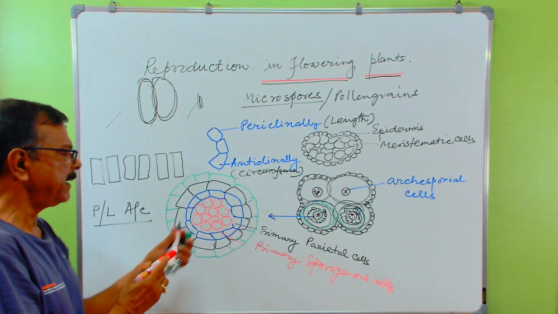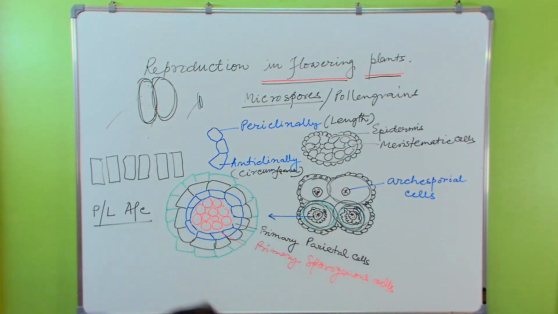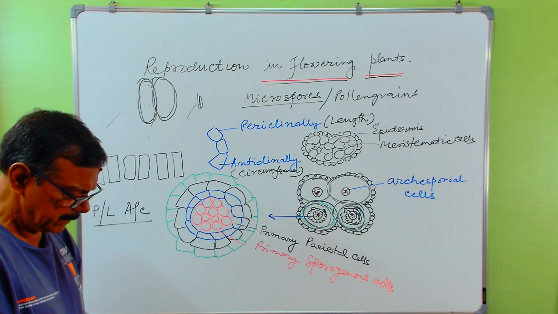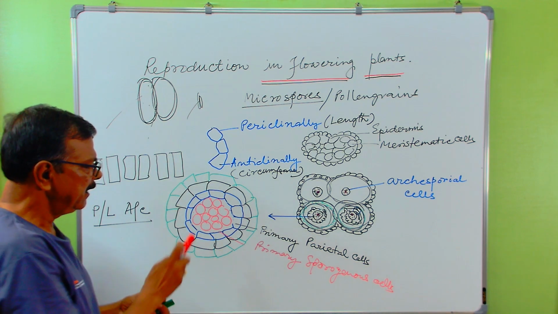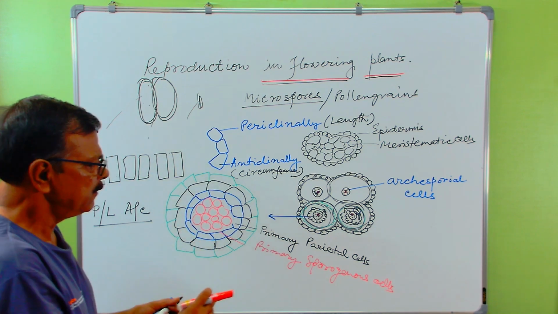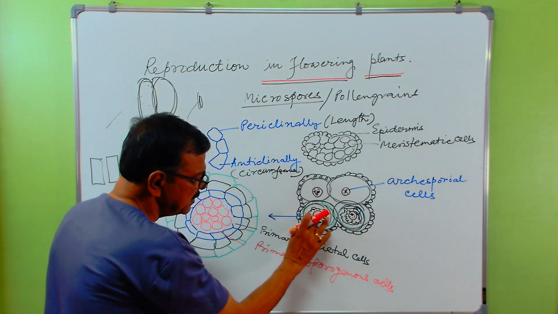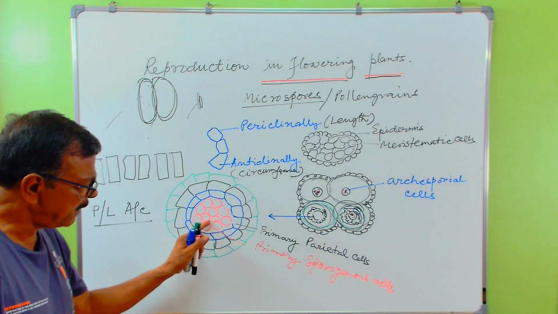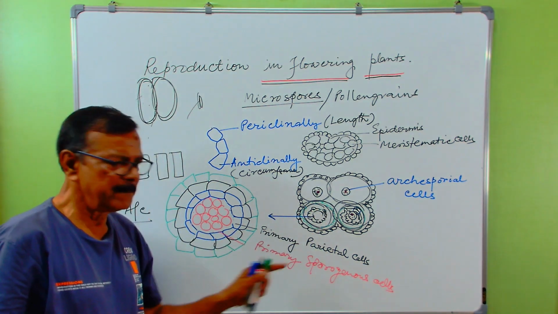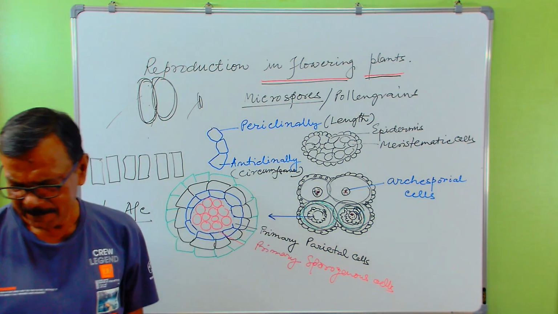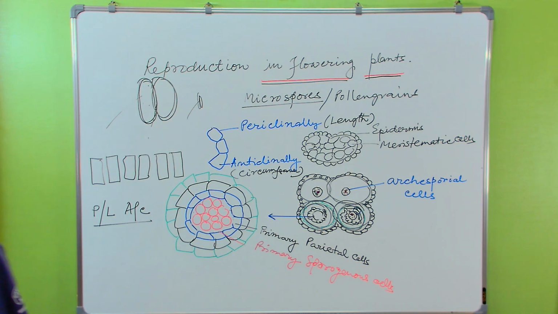Either they act as a microspore, or they may divide. They may divide and re-divide to form so many microspores inside. So these primary sporogenous cells can act as a microspore or spore mother cells.